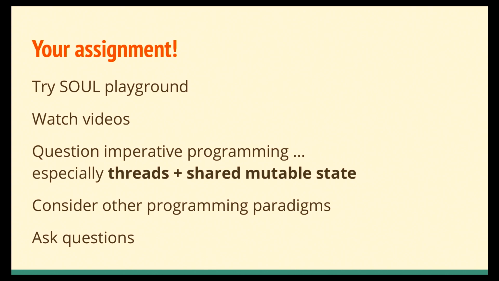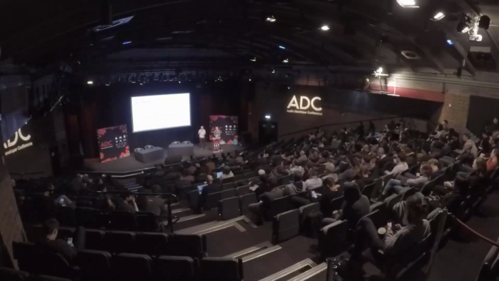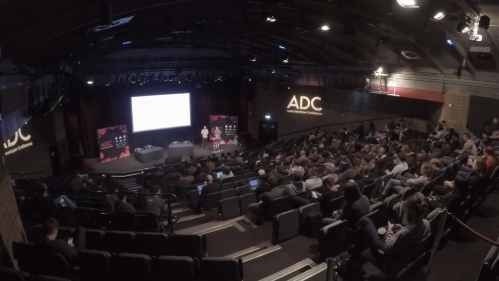If there's one takeaway, though, that's even more important than that, I would say: question threads. I think that we have gotten used to, we've accepted threads as being the way to program, and I don't believe that we can continue to scale based solely on the thread programming model.